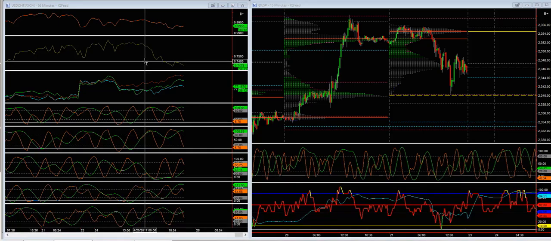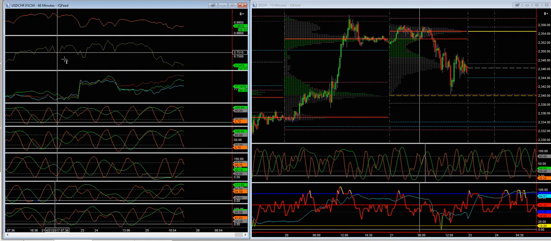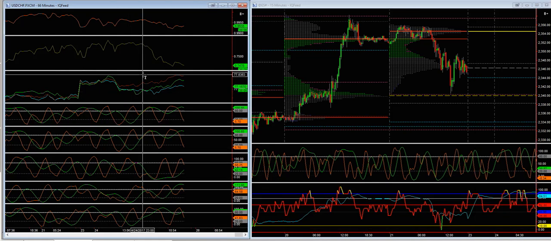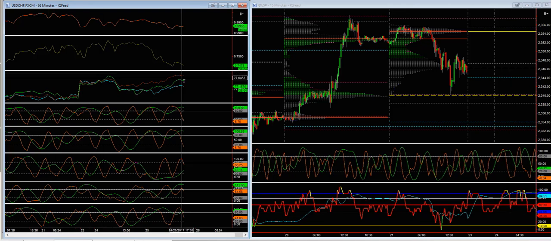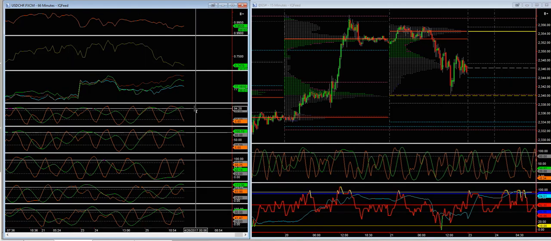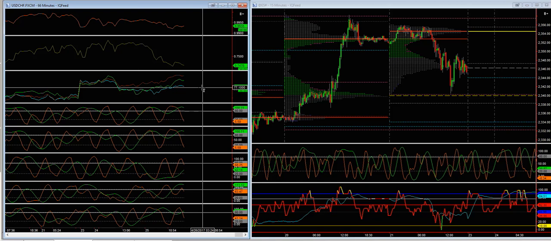So here we are. On the left side, I have a chart where I am tracking multiple currencies, and I have clubbed these currencies together based on their coexistence.